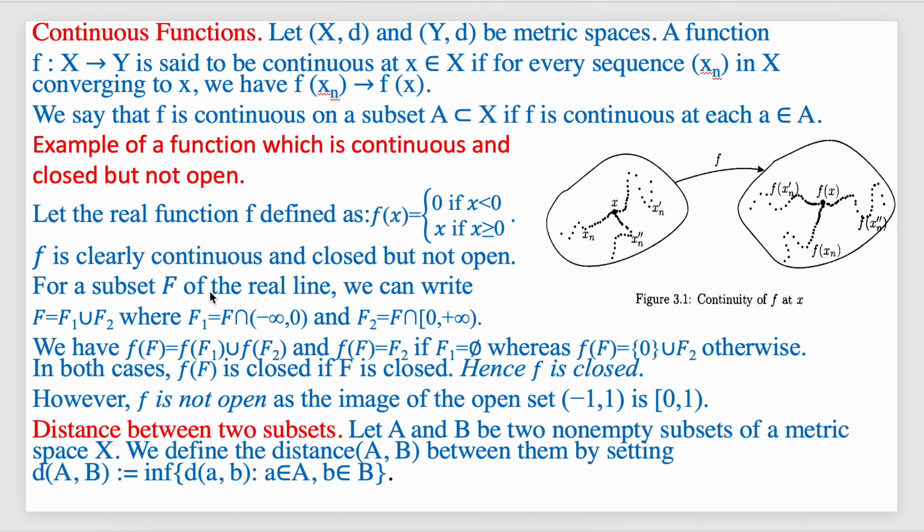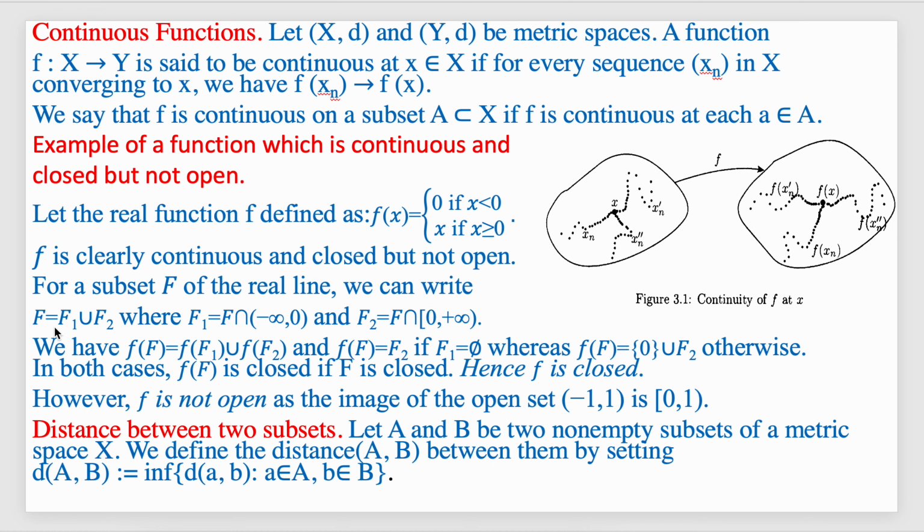For a subset F on the real line, we can write F equal to F1 union F2, where F1 is equal to F intersection minus infinity to 0, because f(x) is 0 for all the values of x for which x is less than 0, means minus infinity to 0, and f(x) is x for all the values of x greater than or equal to 0, means for all the values of x from 0 to infinity. 0 is included here but 0 is not included there.